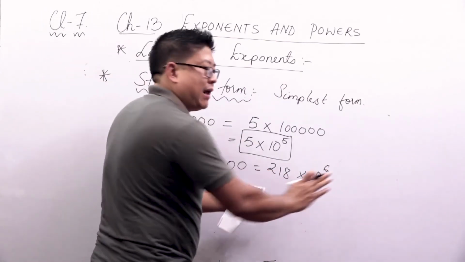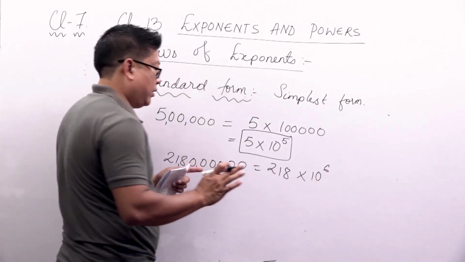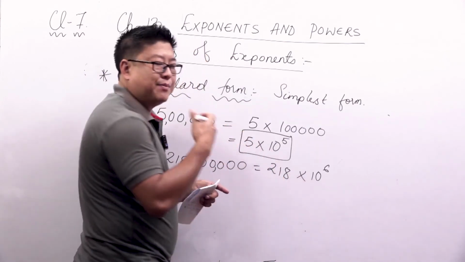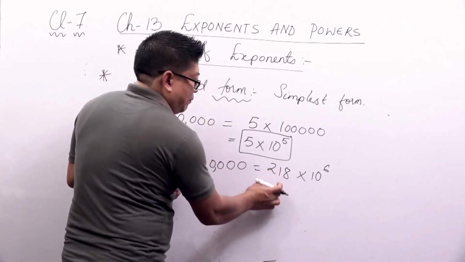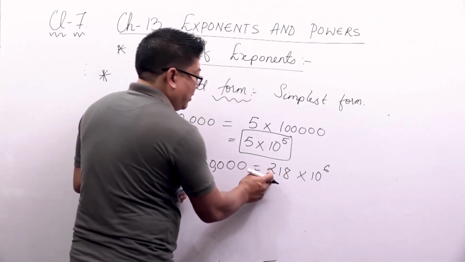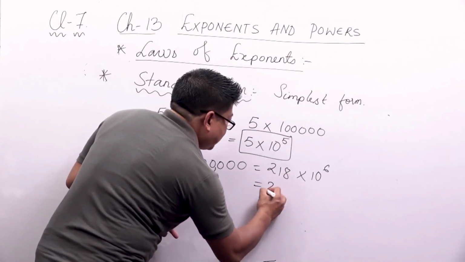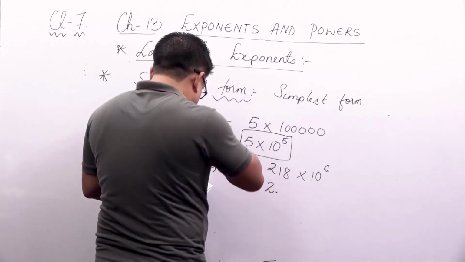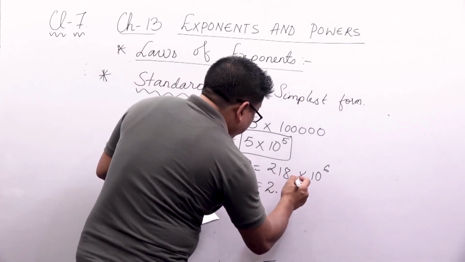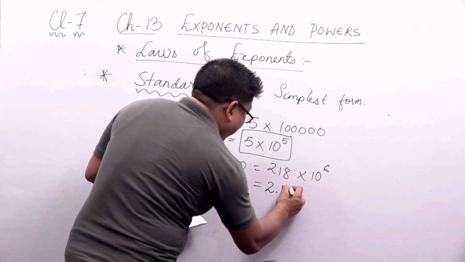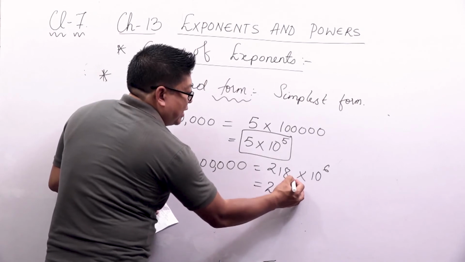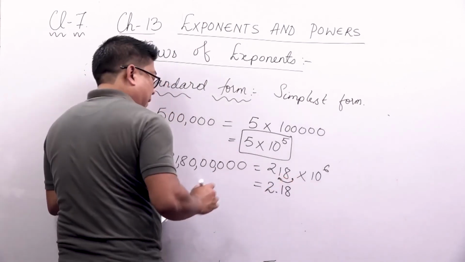After the decimal there can be as many numbers as it can be, but before the decimal it should be only one digit. So what we will do here is 2.18. The point is here, so I've shifted 2 places to the left.